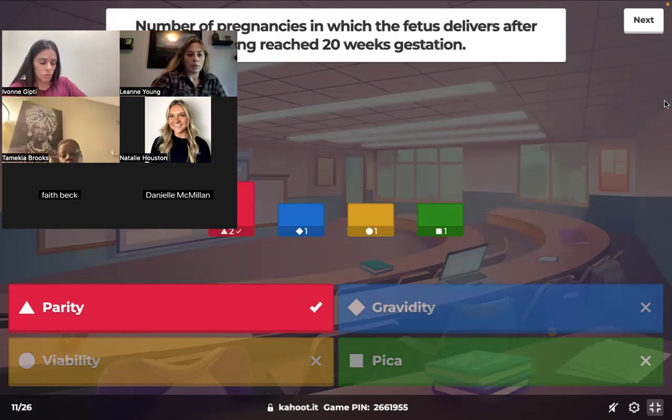So being able to choose, okay, she has a miscarriage, that still counts as a pregnancy, right? Having twins only counts as one pregnancy. And then she has 3 living children at home. So her G's would be 5. Her P's would be 3 because she only has 3 living children. And then if you're doing the whole mnemonic, then obviously your miscarriage would fall under A for a spontaneous abortion.